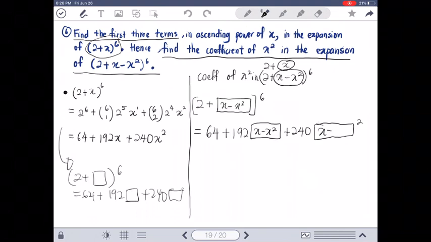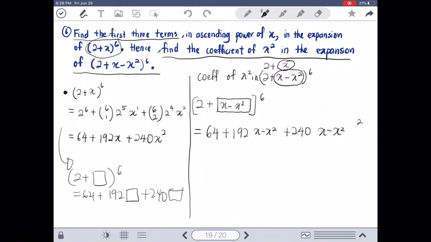So this is x minus x squared, and x minus x squared. Let me remove the box there and replace it with brackets. Since the question wants us to find only the coefficient of x squared, we only need to consider the terms with x squared.